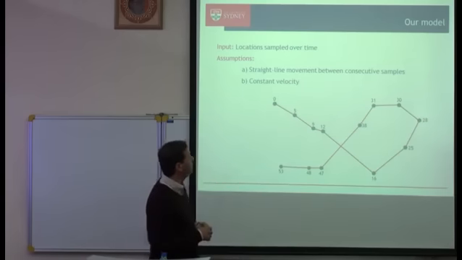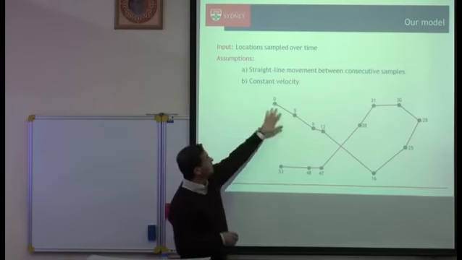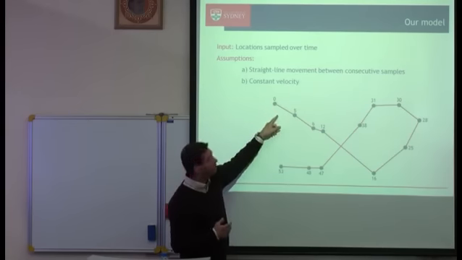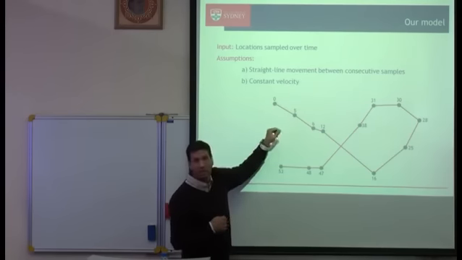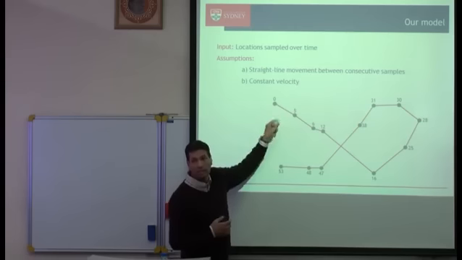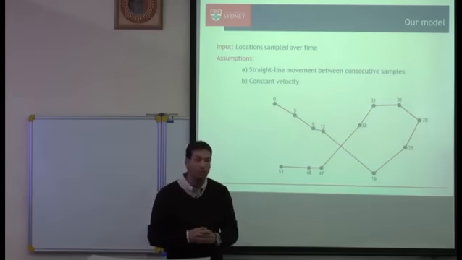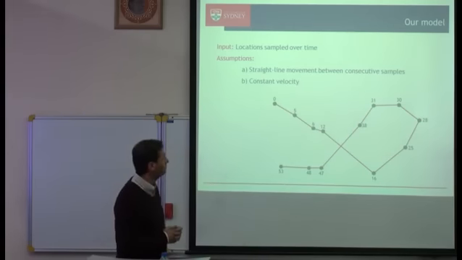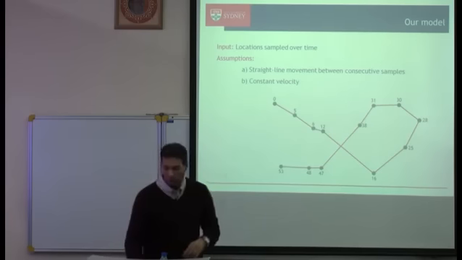Okay, so for example, say this is minutes, so the entity is here at time 0. After 5 minutes he's here. After 2.5 minutes he will be along the straight line, just in the middle between the two points. Okay, so this is the model we're going to use.